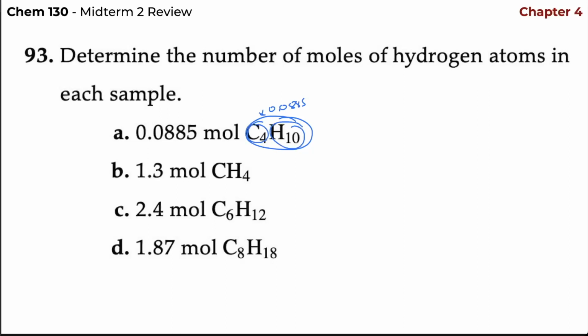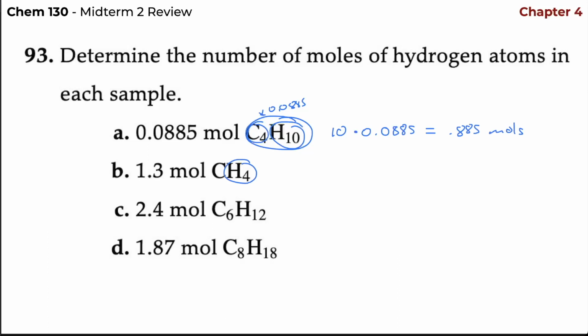So let's just do that. 10 hydrogen atoms multiplied by the moles, which is 0.0885. What does that give us? 0.885 moles. Now let's do this one.